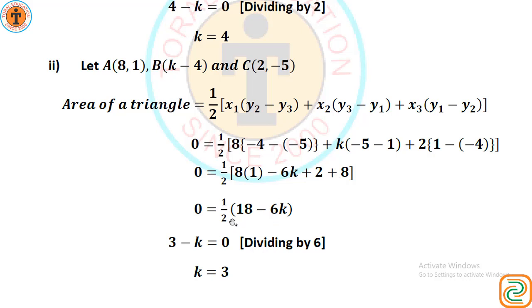Here again dividing by 2, or we can say 6. If we divide by 6, 2 will go there. It will be 0. If we divide by 6, 6 3s are 18 and 6 1s are 6. So 3 minus k equals 0 and k equals 3.